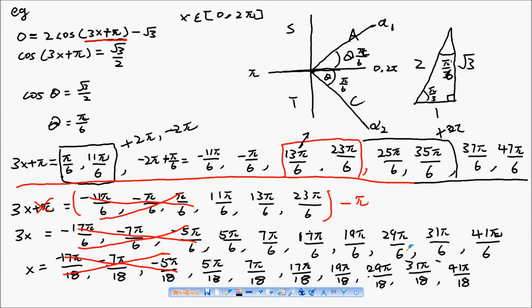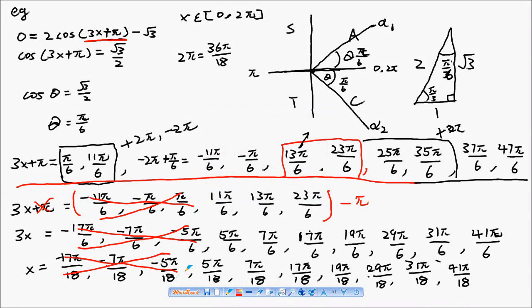Let's look at the domain. Domain is from 0 to 2 pi, and the 2 pi is basically 36 pi on 18.